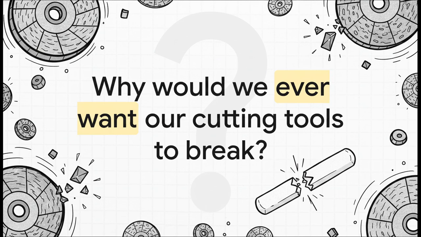Well, think about what happens when an abrasive grain scrapes against hard metal thousands of times a second. It gets dull. And if it stays dull, it just creates immense heat and friction, basically burning the part. But by engineering the grain to be highly friable, it shatters under pressure exactly when it gets dull. It's just like snapping a dull piece of chalk in half to expose a brand new sharp edge. It allows the whole grinding wheel to continuously self-sharpen.